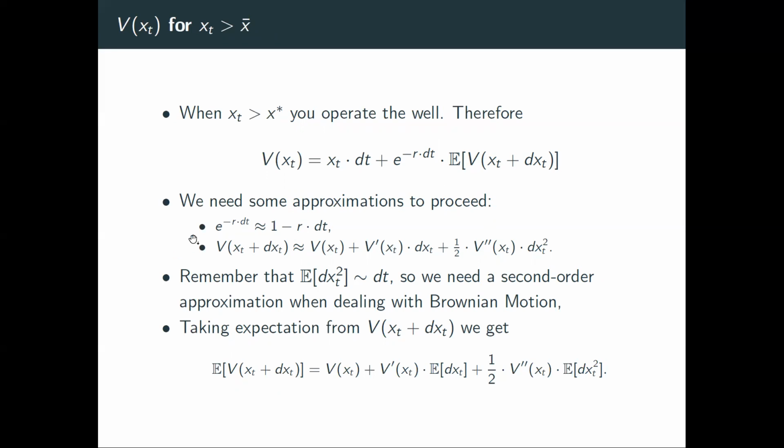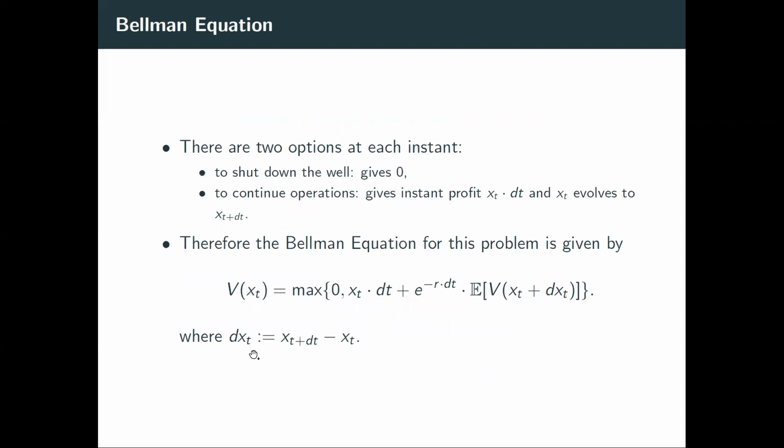So the first thing that we need to do is to take the expectation of this term. Expectation is linear, so we just add expectation to all the terms here. Remember, what do you take the expectation with respect to? Here you have xt. xt is known to you at the current moment t; you observe it, it's your current a. dxt is not observable to you now, although it has the time subscript t.